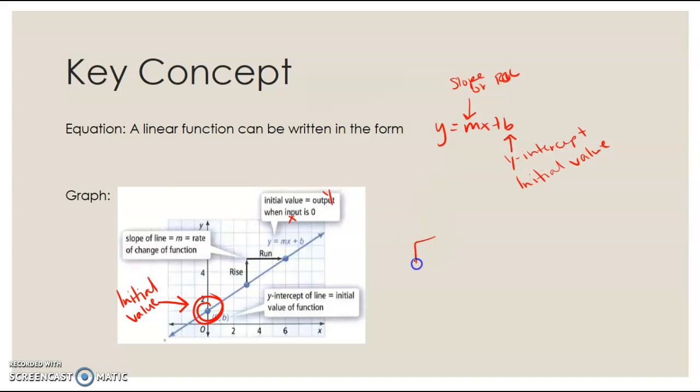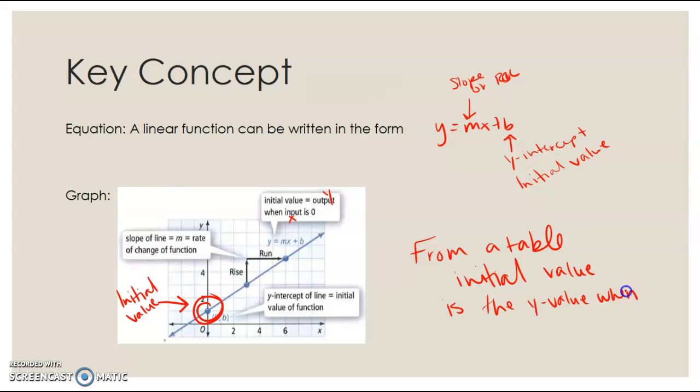From a table, your initial value is the y value when x equals 0.